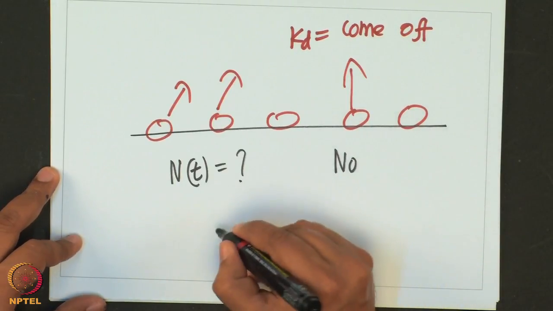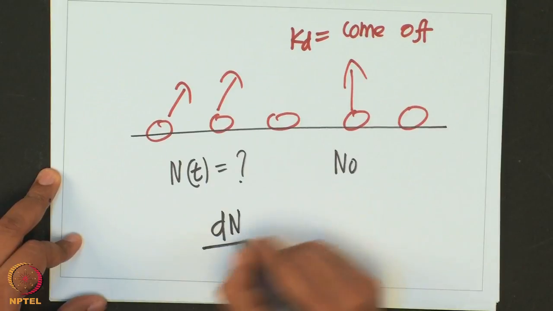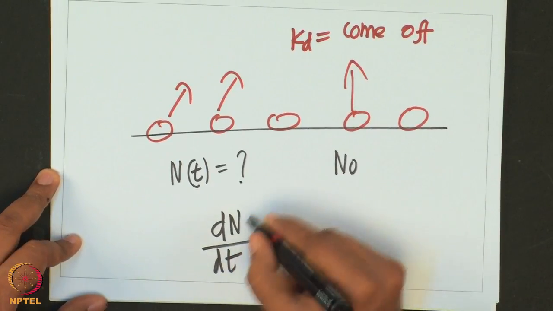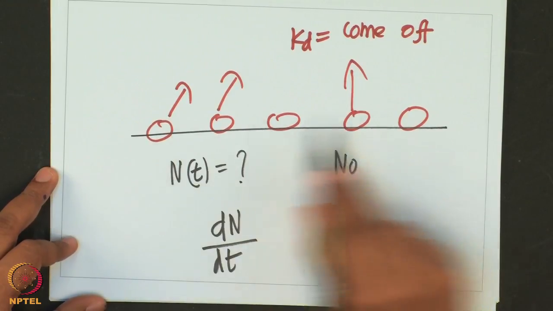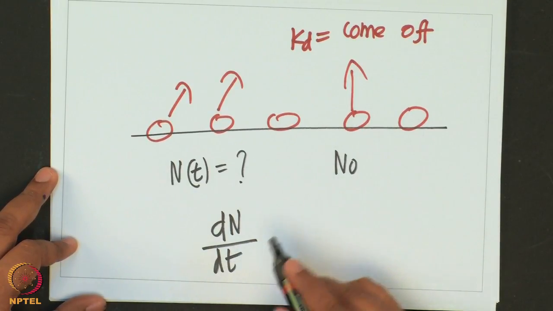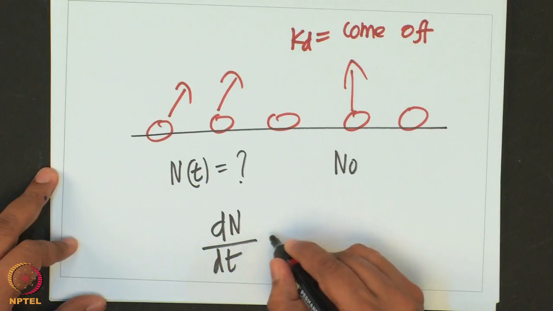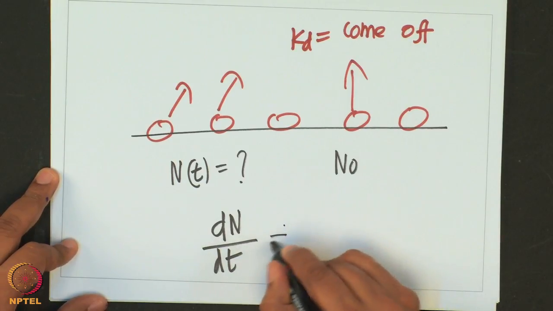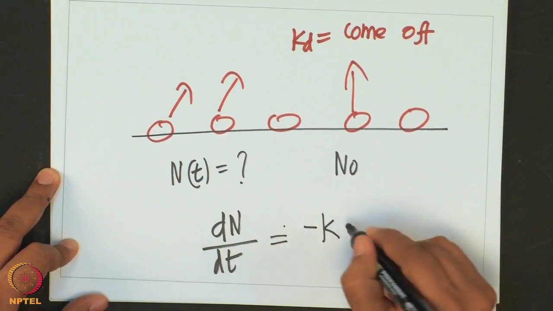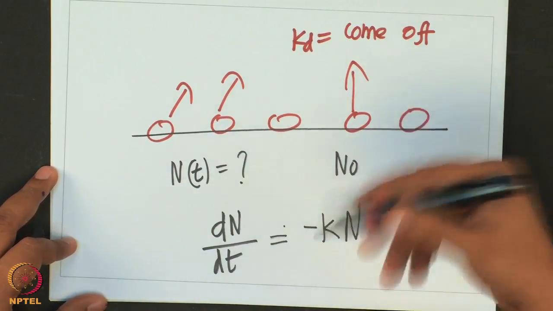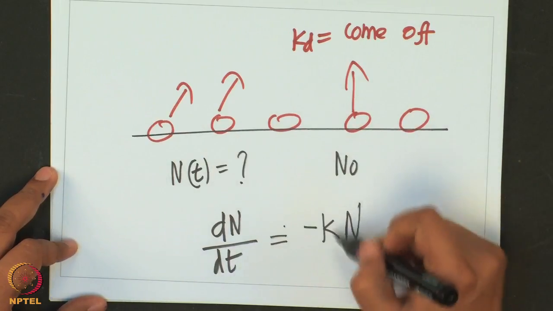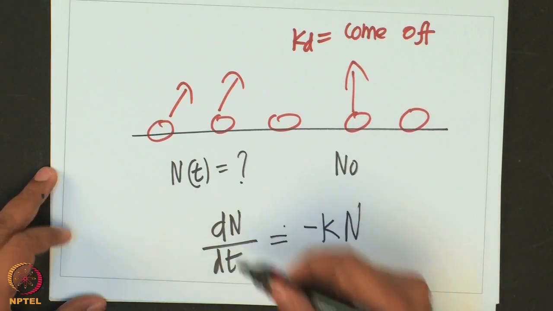We would write a similar equation. The number of proteins bound, n, where n is the number bound on this DNA, would change, dn by dt, and this would decrease, and this decrease would be proportional to the number itself. If a large number of them are bound, all of them can come off. If n is 0, nothing is bound, nothing can come off.